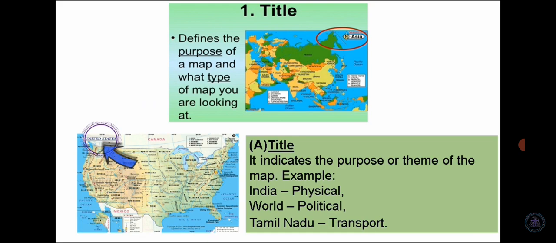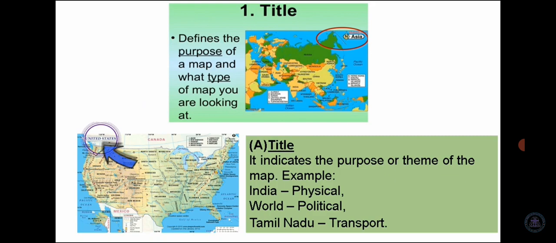First, title. It indicates the purpose or theme of the map. Example: India political, India physical, world political, world physical, Tamil Nadu political, Tamil Nadu physical, and transport system, etc.